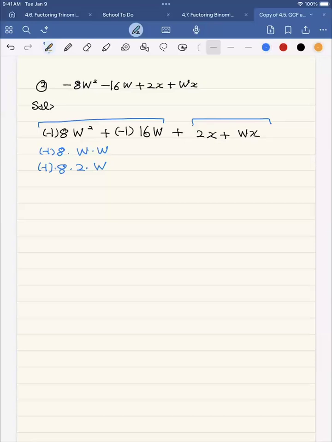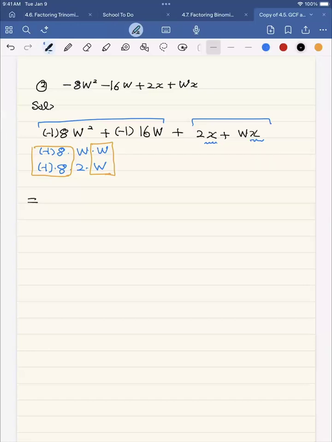So when we consider the common factor, that'll be negative 1 times 8 times w. In the second group, the common factor is x. Let's combine all this information.